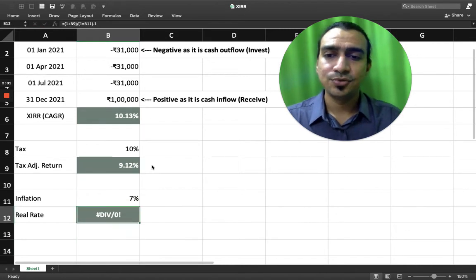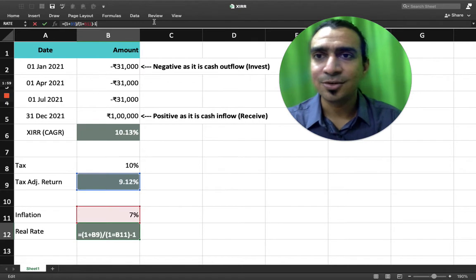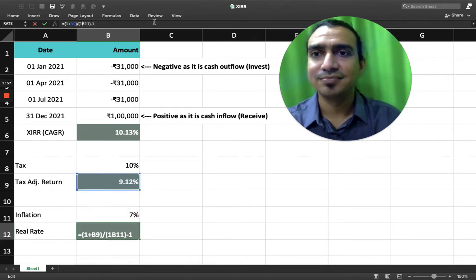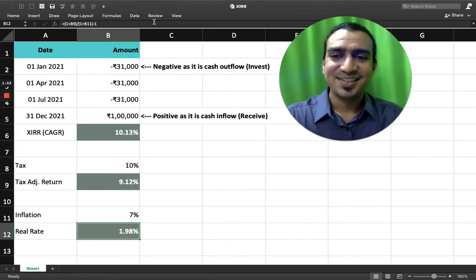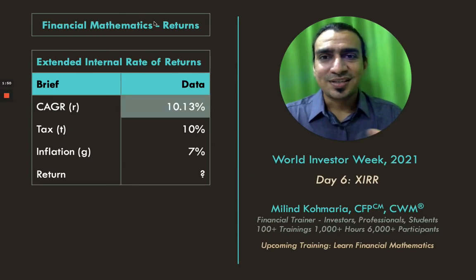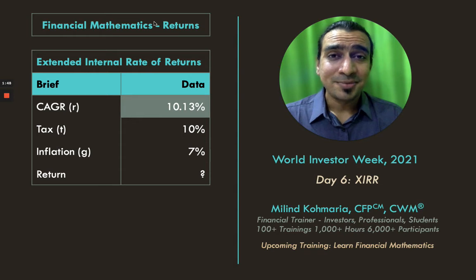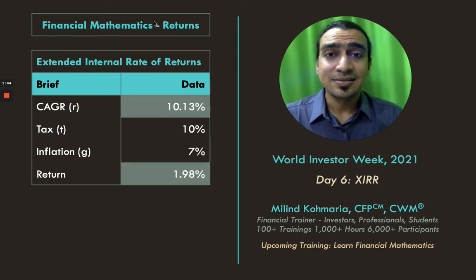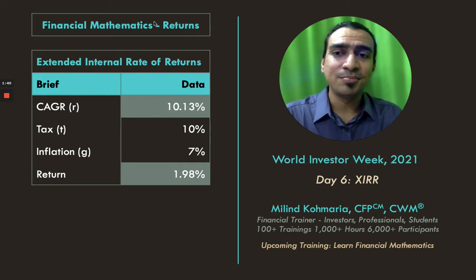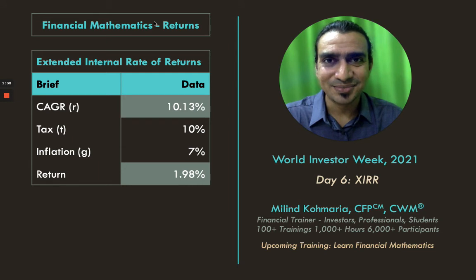So that gives you 1.98%. So we started with a CAGR of 10.13%, and after adjusting for tax and inflation both, the returns we ended up making are 1.98%.